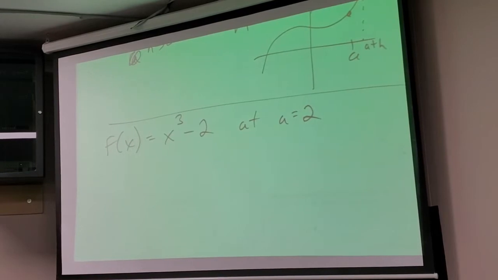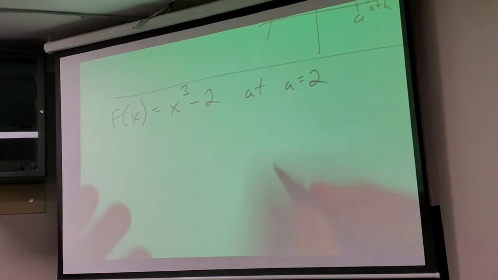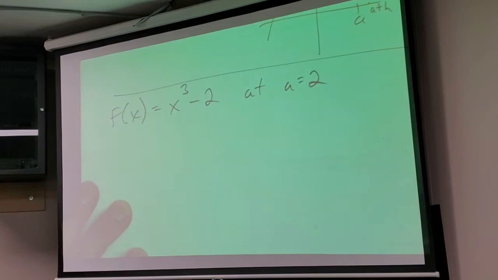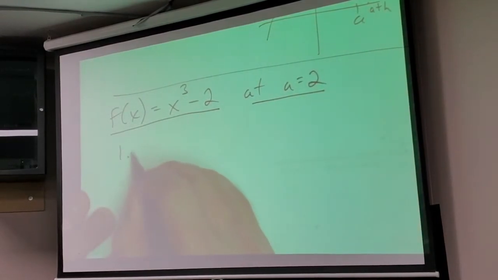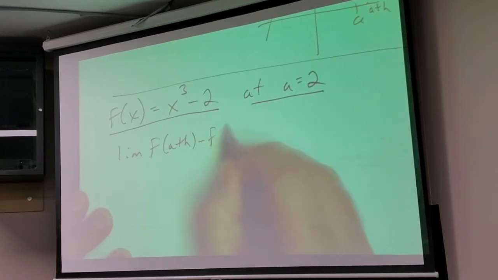Everybody's like, did he take his meds this morning? No. So I want to know the slope. I'm not really writing all the words you would see in your homework. It would say find the slope of f at a equals 2. Okay. So what I need is, so this is the official definition of derivative.